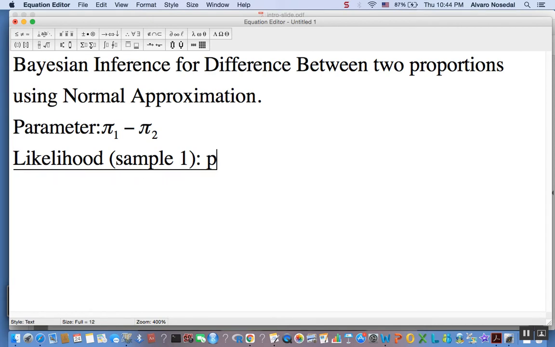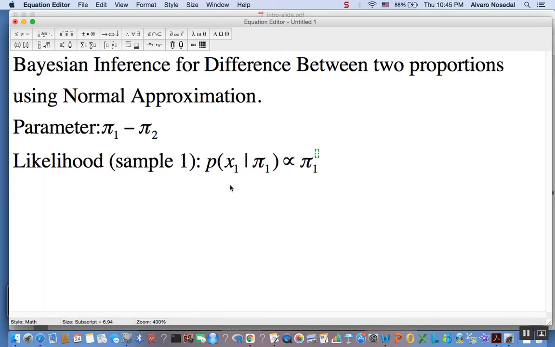So our likelihood in this case, the probability of, let me call it x1, given pi 1, will be proportional to pi 1 to the power x1.